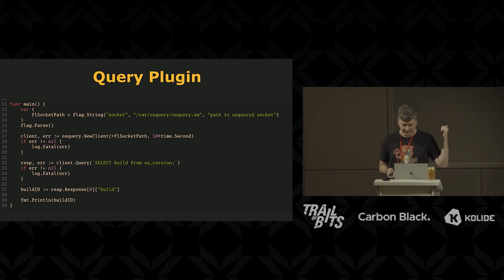So interfacing with them, the Thrift plugin is really nice. And this is all you need to do. You just go client.query, you get back a response. The response is going to be familiar to you. It's a map of values, and then you can use your values in your code to do whatever you want. So that's the other way of interacting with osquery.